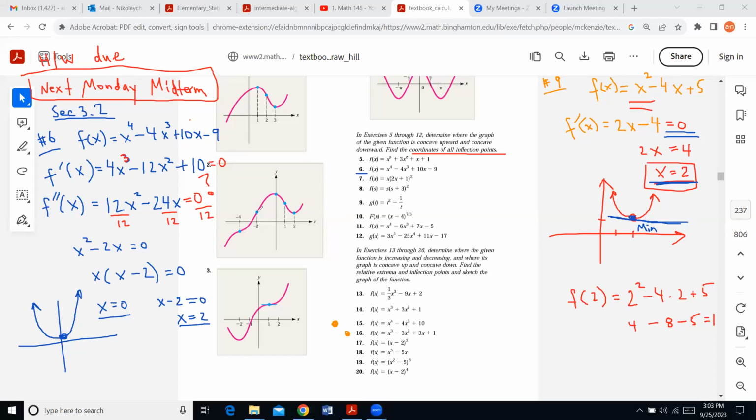In other words, the function in between those points looks like a parabola that opens downwards, and then starting from that point and going further it looks like a parabola that opens upwards. So it changes how the function opens.